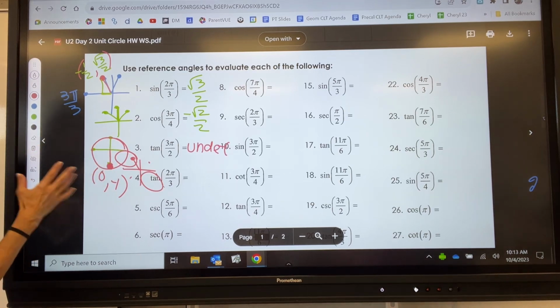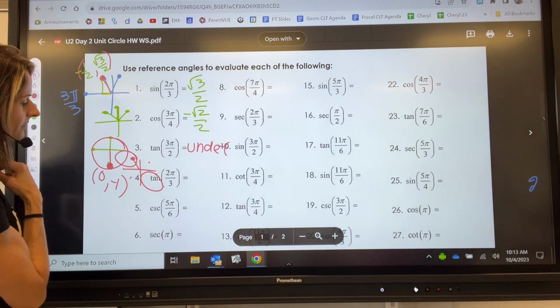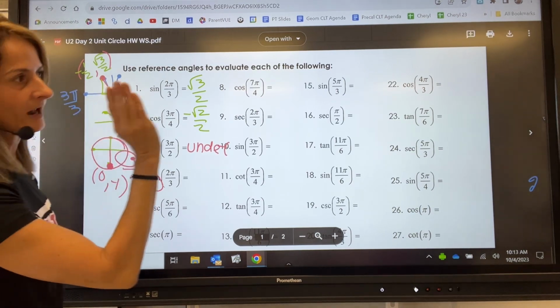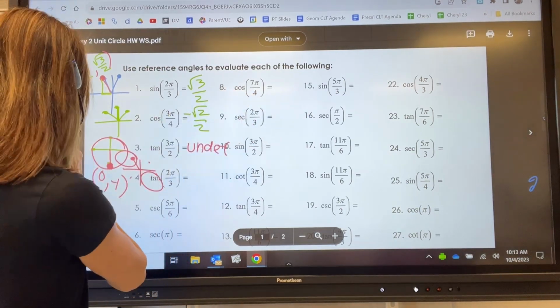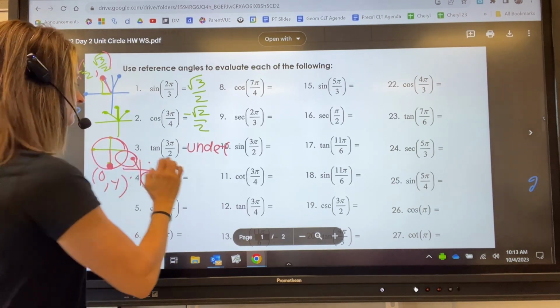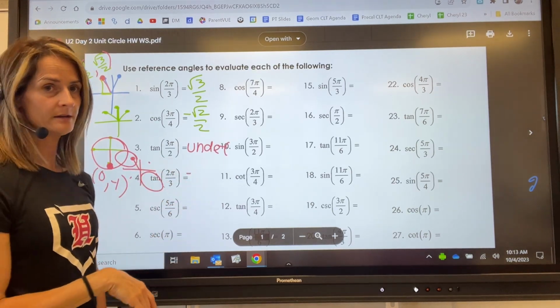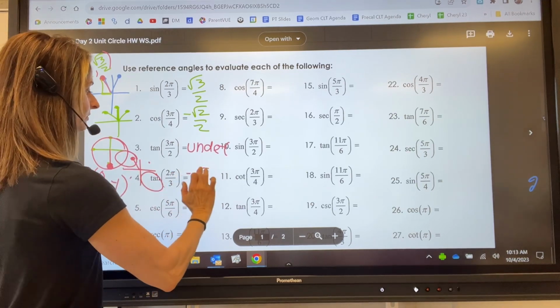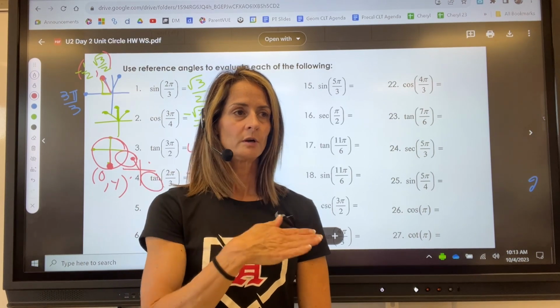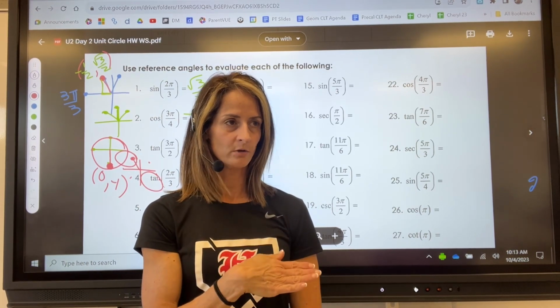I know this is a lot of writing, but we're in the second quadrant. This is root 3 over 2 over 1/2. Remember I did that on the board for you guys? So which one is that? Tall angle is going to be negative. We already determined that, and that's going to be negative root 3. And you have to memorize the difference. Root 3 over 3 is for the pi over 6, the short angles.